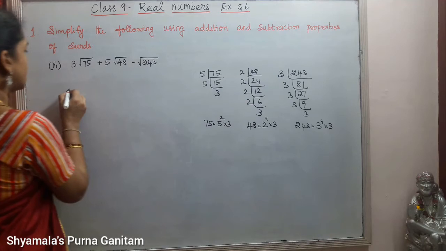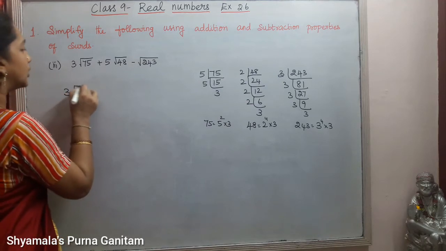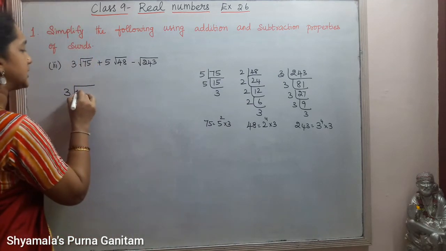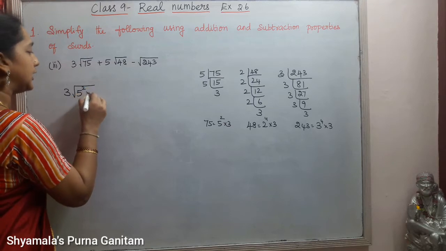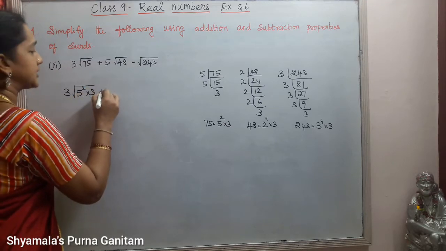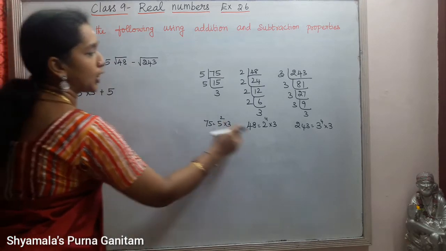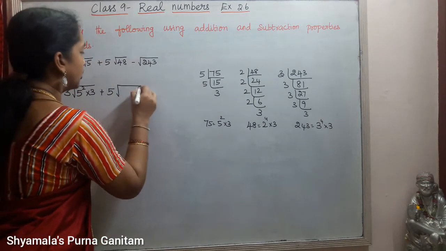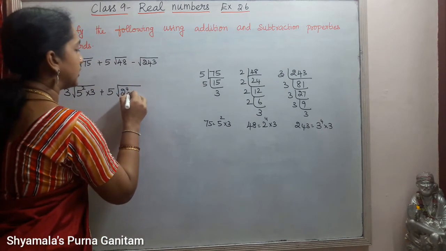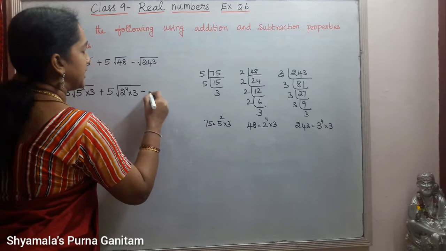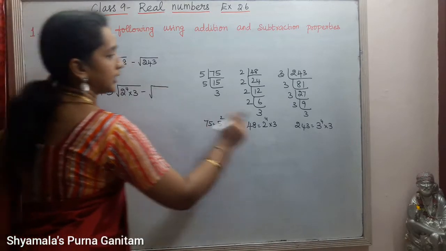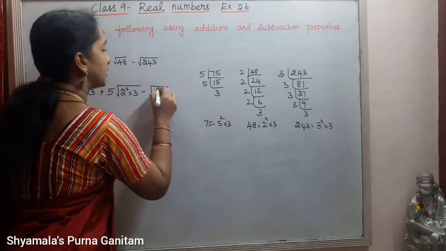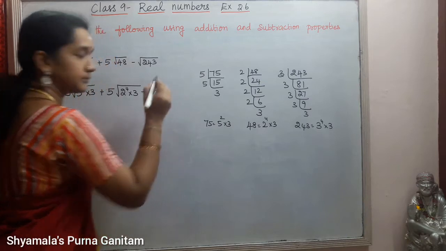So 3 into root 75 is root of 5 power 2 into 3, plus 5 into root 48 is root of 2 power 4 into 3, minus root 243 is root of 3 power 4 into 3.